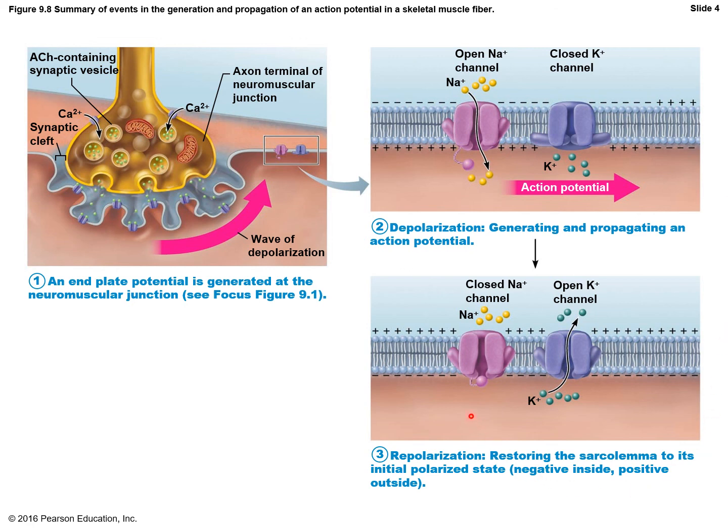So this is shown with repolarization. The sodium channel here has been closed, but the potassium is open temporarily to restore. This is resting with inside negative, the outside positive.